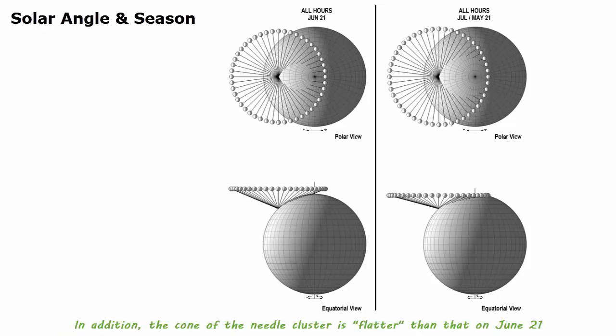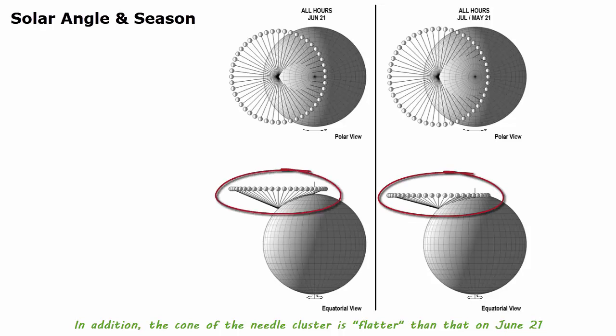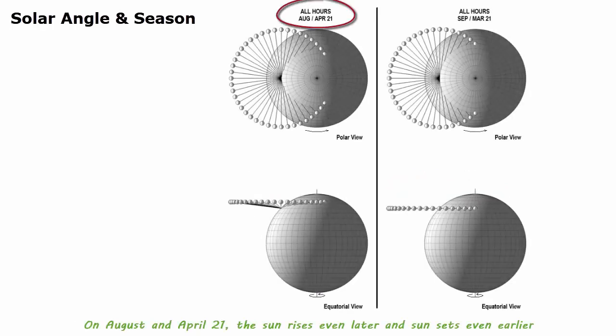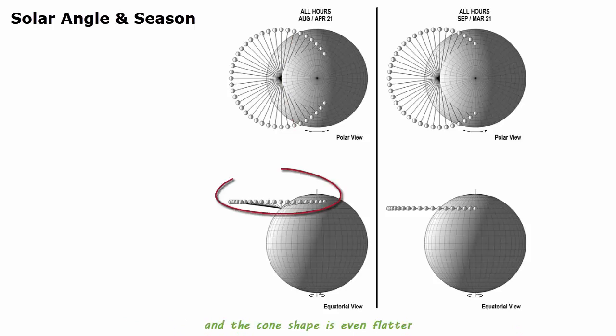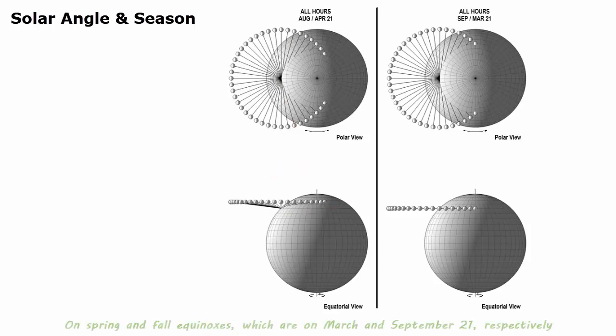In addition, the cone of the needle cluster is flatter than that of June 21st. On August and April 21st, the sun rises even later and the sun sets even earlier, and the cone shape is even flatter.